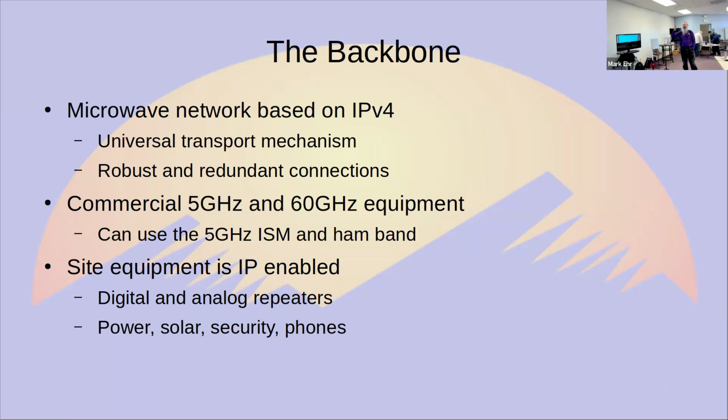You also have the ability to control power equipment, the solar controllers, and at sites where we have security, we can have cameras or door entry controllers. We can use VoIP phones at the sites where cell phones don't work. It's just a really convenient way of putting this all together.